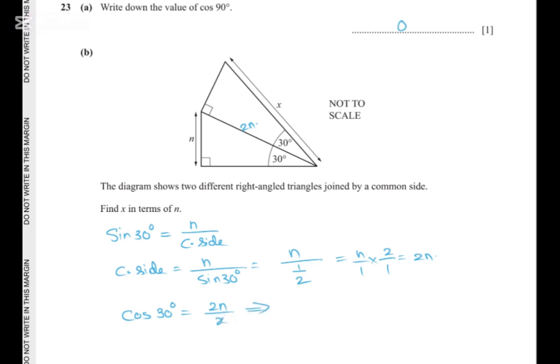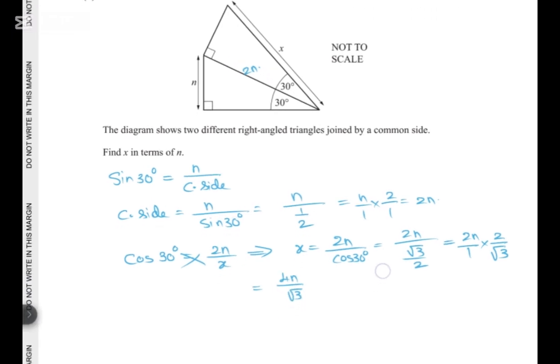When you cross multiply, you get x is equal to 2n by cos 30, bringing cos 30 to the denominator. Substitute the value of cos 30, root 3 by 2. So when you write this as 2n by 1 into 2 by root 3, you get 4n by root 3. So this is the answer for x in terms of n.